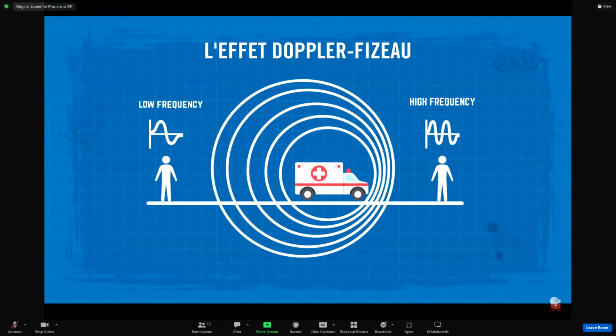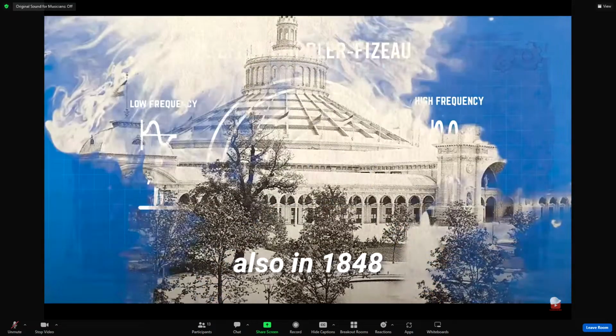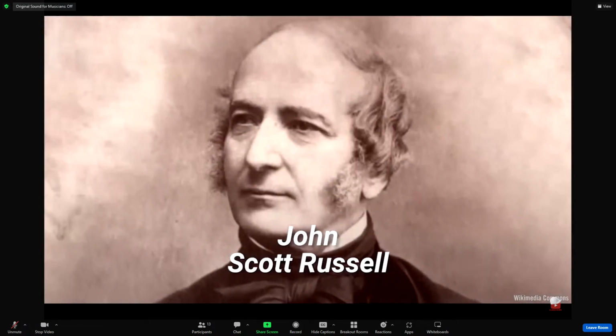As the effet Doppler fizzle. Naval architect and shipbuilder John.